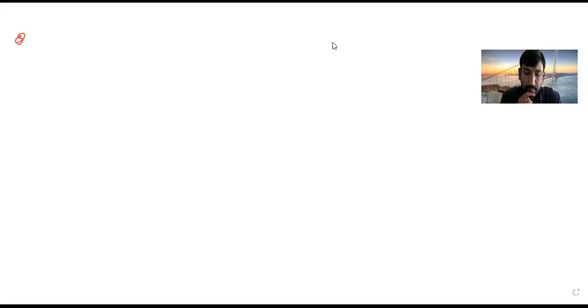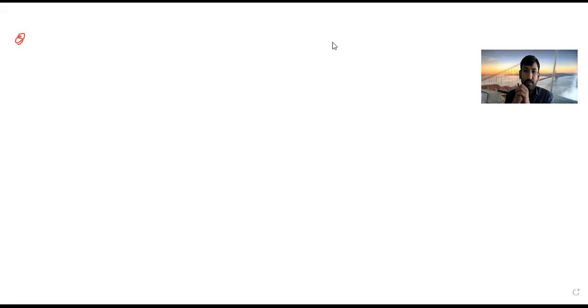If beta is equal to 0.3, then determine the voltage gain of negative feedback amplifier. Okay, have you completed, all of you?